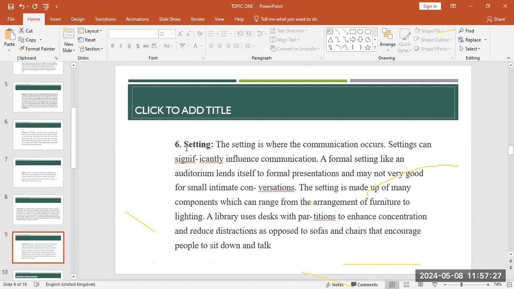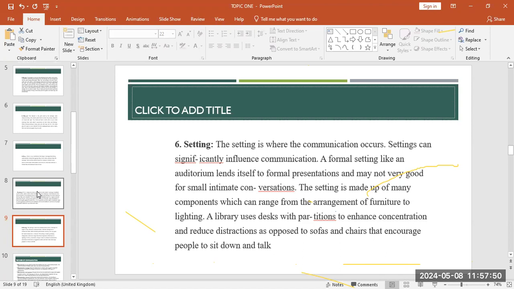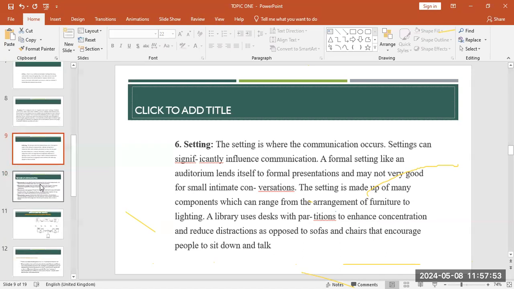But if I'm using it in another context or environment, it may mean a swindler. It may mean a prostitute. It may mean that kind of thing, depending on the environment, the context with which the message is being used, the information is being spread.